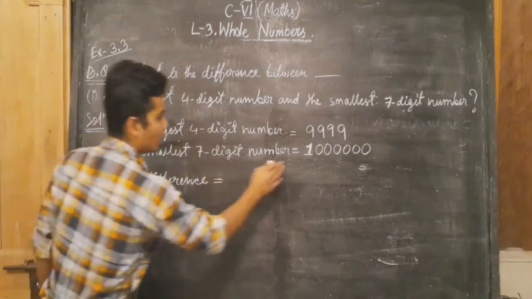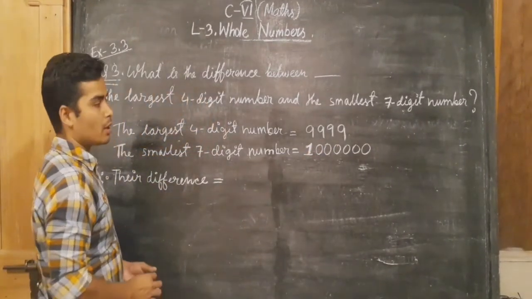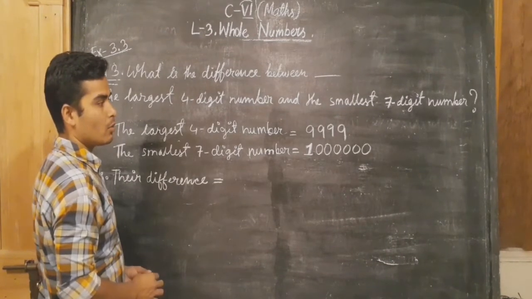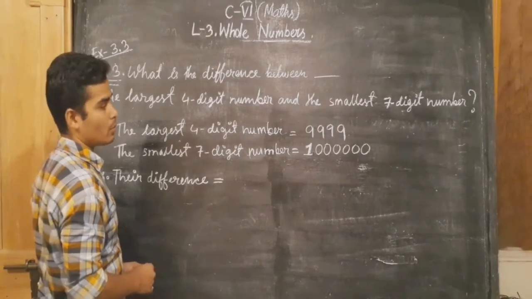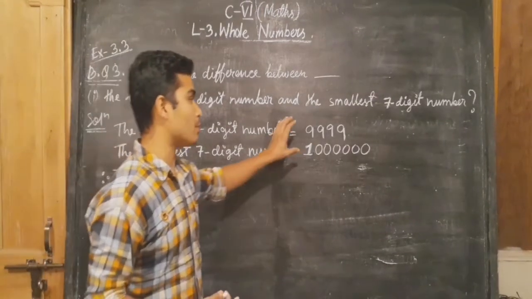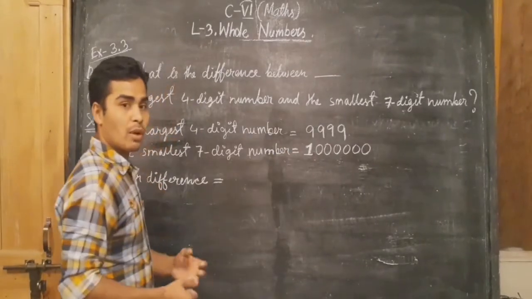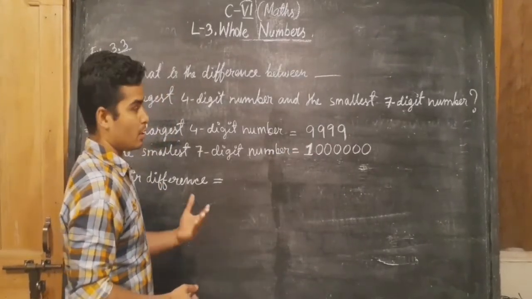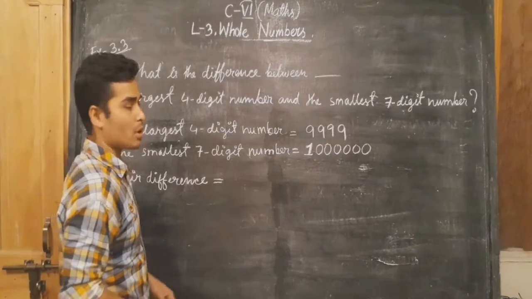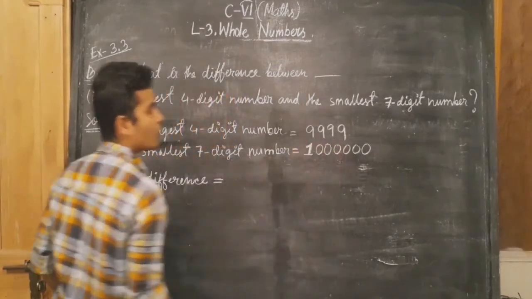You can see, in the previous class we have already learned how we compare any two numbers. If you know how to compare any number, then only we can find which is greater and which is smaller. The number which has more digits is the greater, and the number which has fewer digits is the smaller. You can see here it has 7 digits and it has only 4 digits.